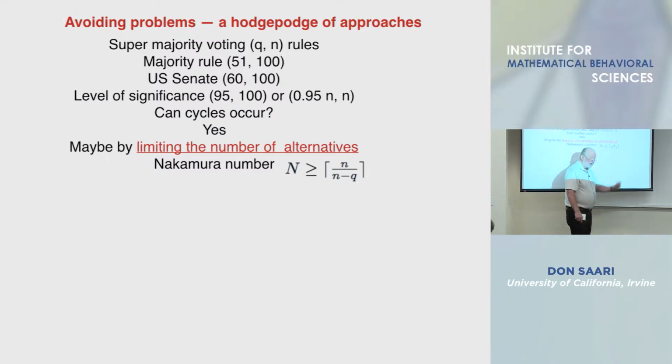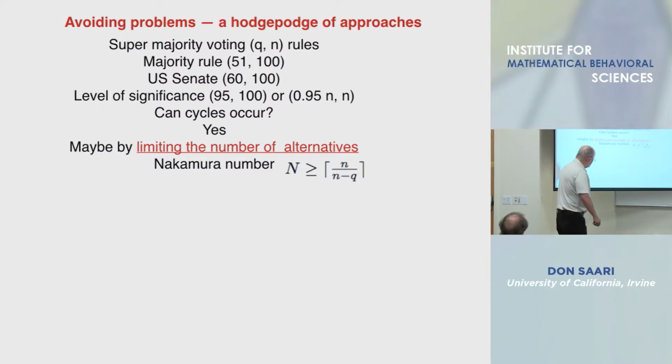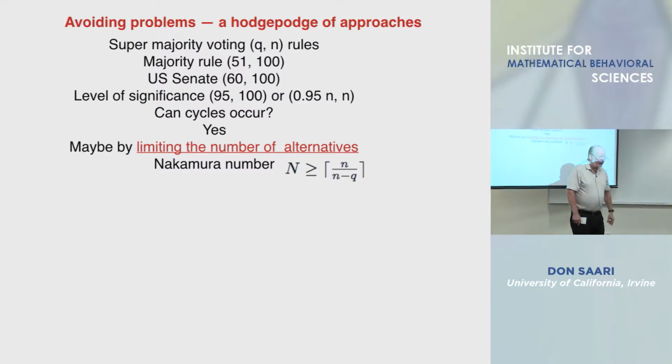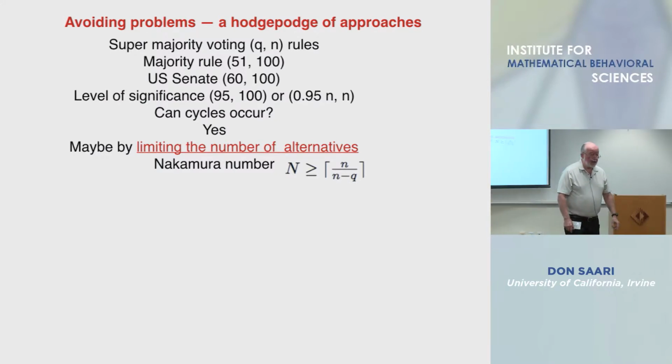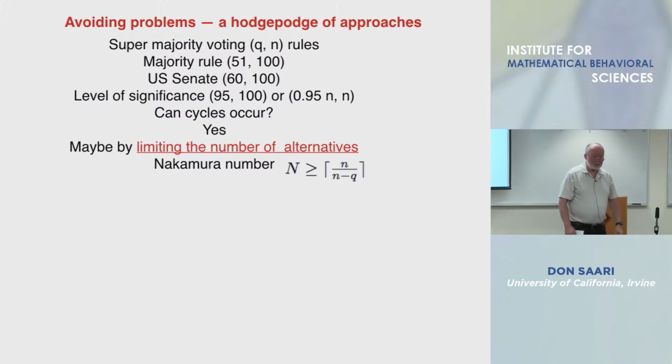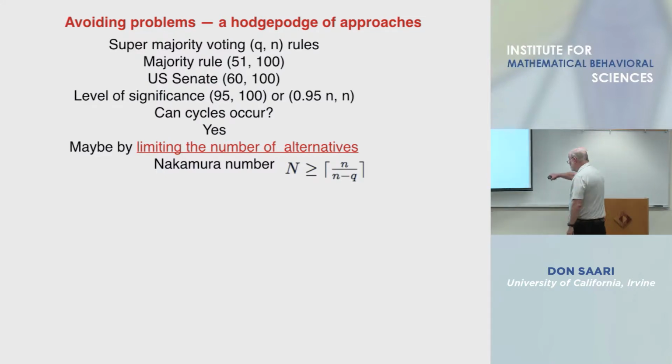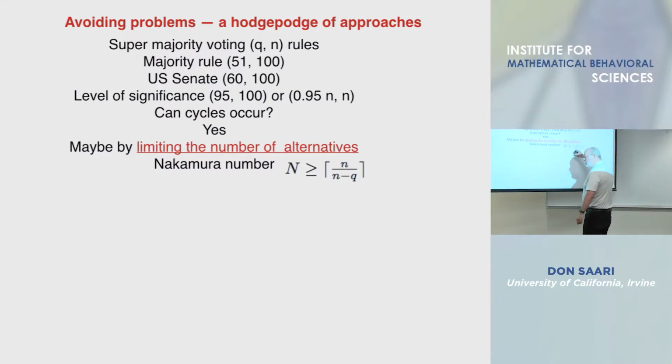If it's not an integer, you round it up. And the theorem is that if I have that many or more alternatives, cycles are possible. So to avoid cycles, you need to have strictly less than this number of alternatives.